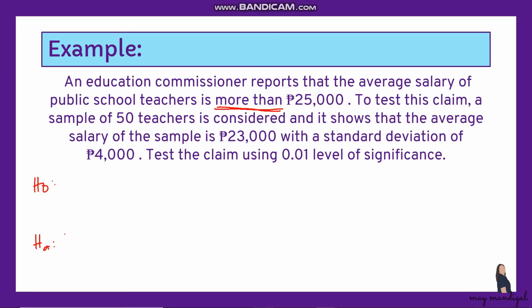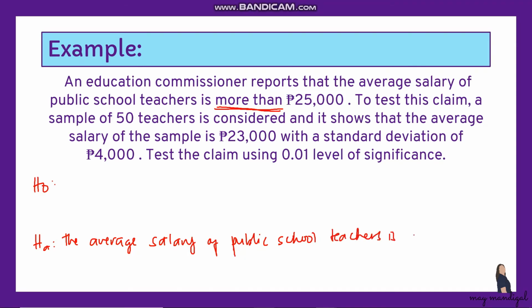So therefore, we can write here: the average salary of public school teachers is more than 25,000 pesos. And if we write it in symbols, the mean is greater than 25,000 pesos.